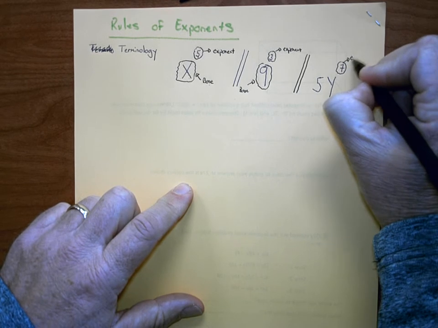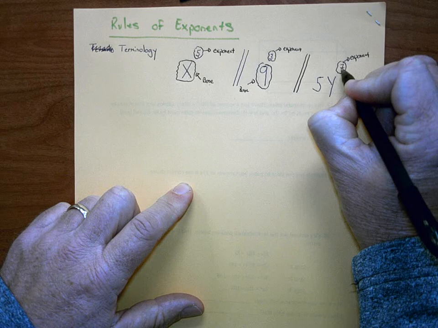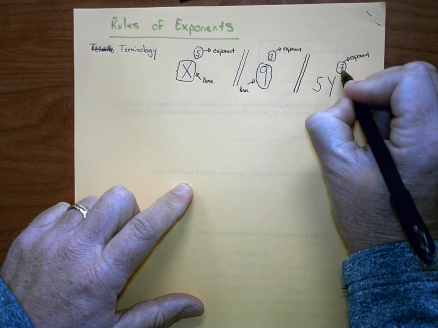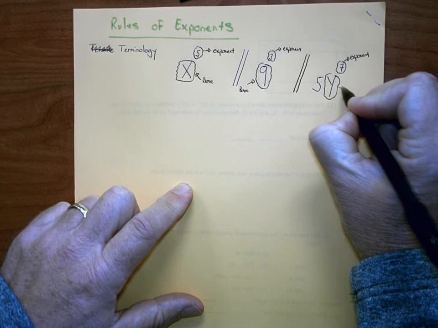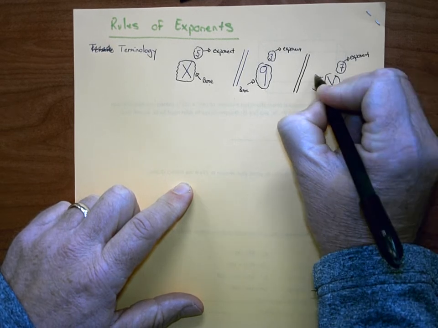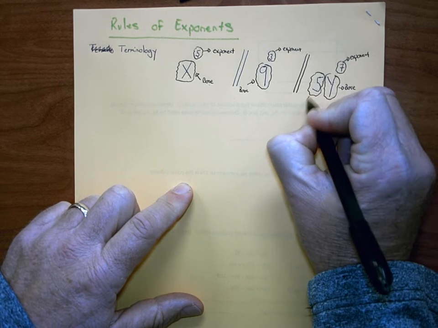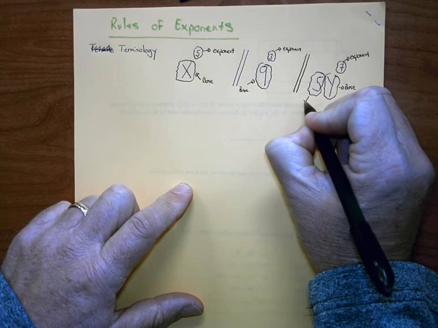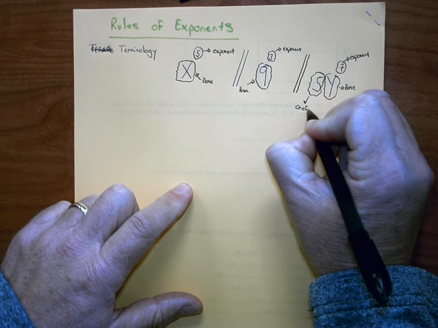We know that y would be called the base. Anything immediately below the exponent is called the base. And the new terminology that we haven't talked about yet in this video is the 5, the number in front of the variable, which is what we call the coefficient. So that 5 would be called the coefficient.